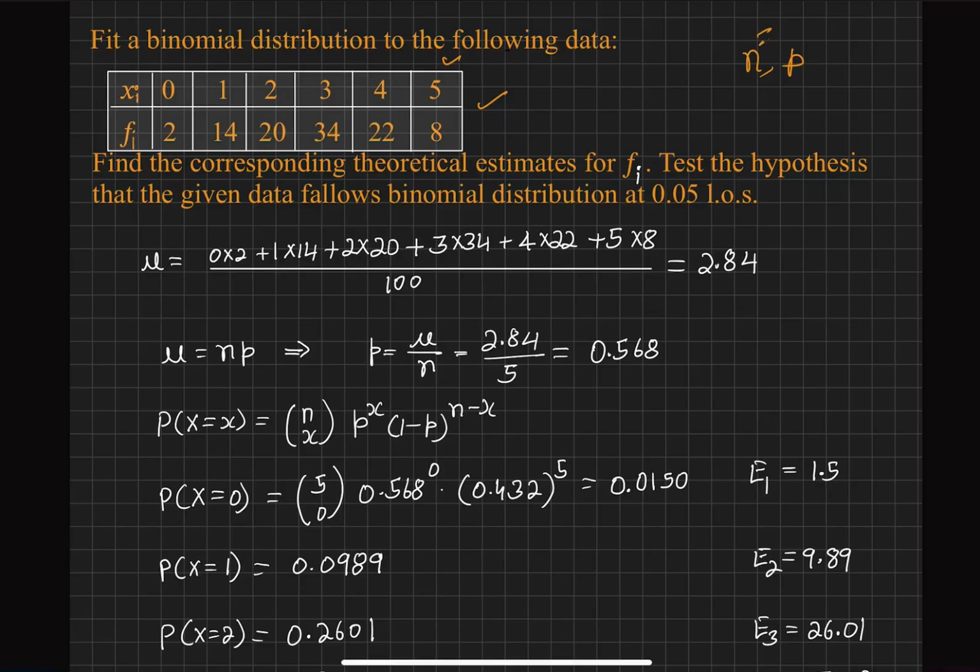That means the number of trials we have taken is 5. Let us not get confused with the sample size. Sample size is different. Here the number of trials in a binomial distribution is different, but the notation is a small n for both. So n is 5, no doubt, but I need to determine p. We have a formula for the mean in terms of n and p in a binomial distribution, that is mu is equal to n into p.